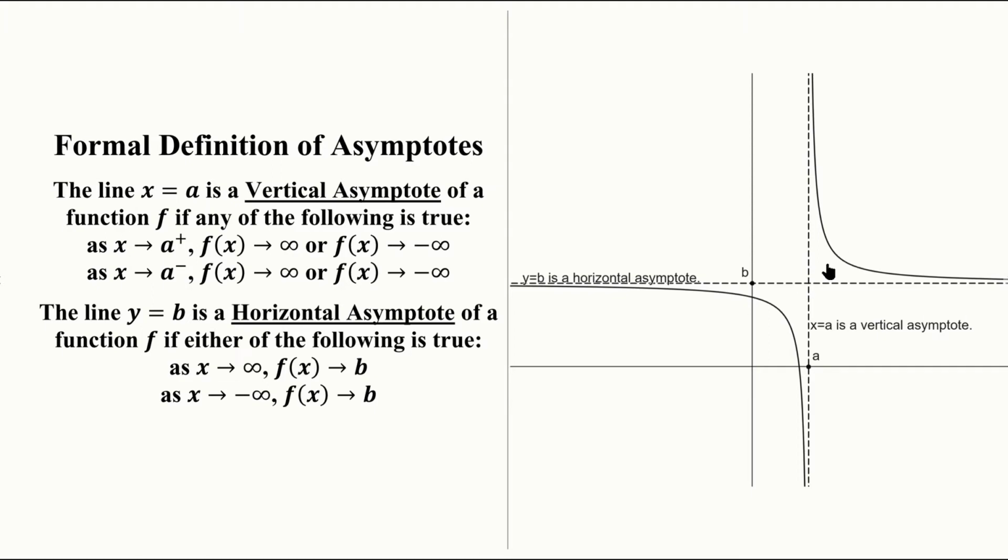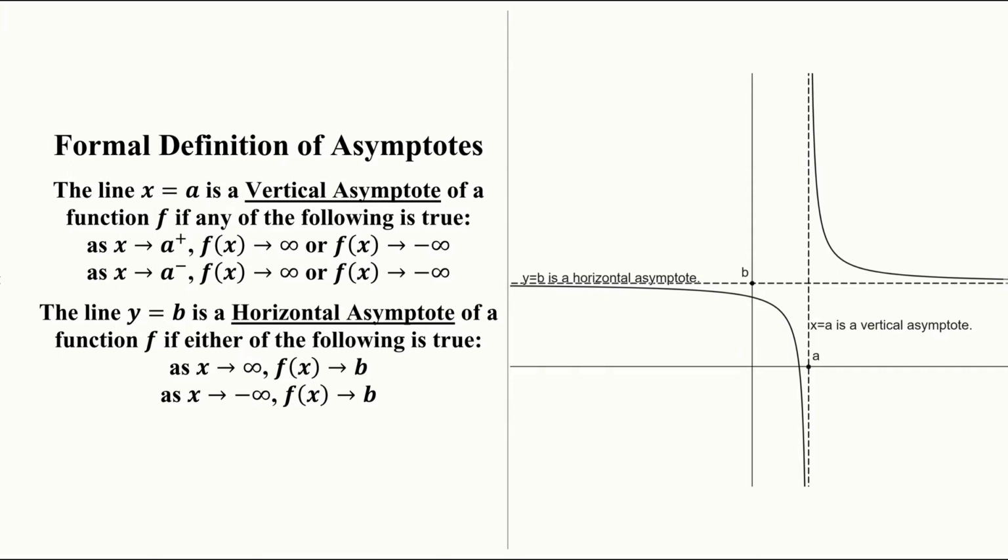Notice in this graph here, as x values approach infinity, the y values are approaching b. And as x values approach negative infinity, the y values are also approaching b. So therefore we know the line y = b is a horizontal asymptote of this graph.